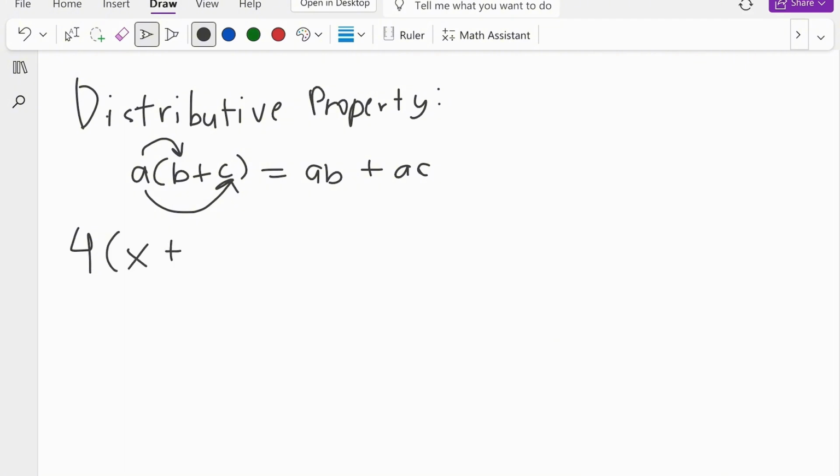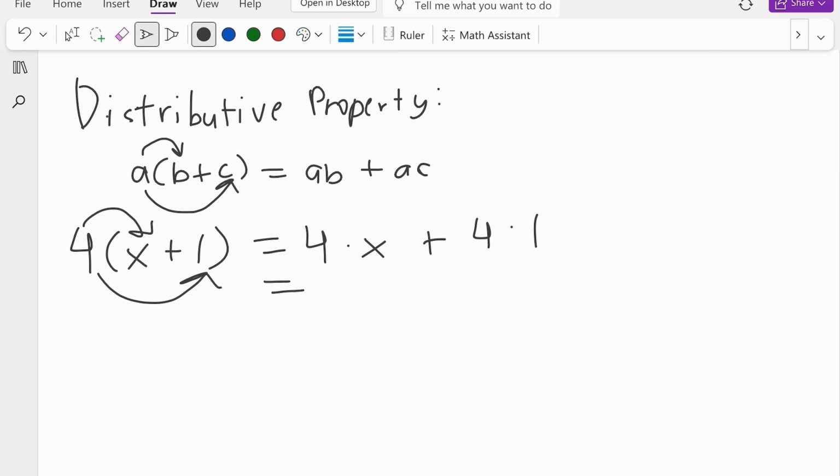Now, to give you an example for convenience's sake, if we have 4 times x plus 1, we're going to distribute the 4. We're going to multiply 4 by x, 4 times x. When I write multiplication, I'm going to use a dot so that we don't confuse it with x. And we're going to multiply 4 times positive 1, which gives us, as a final answer, 4x plus 4.